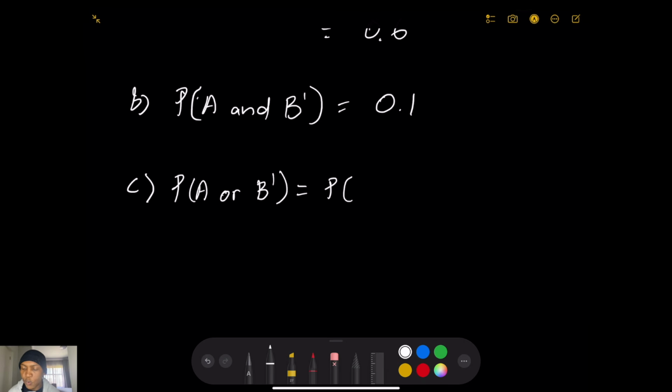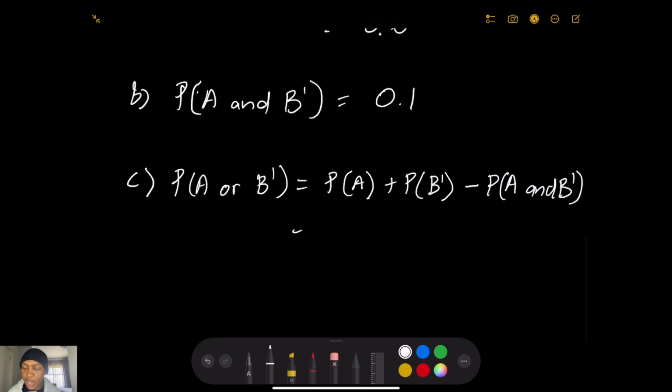Remember, we said when you've got or, you can say, well, this is the probability of A, plus the probability of not B, minus the probability of A and not B. Okay, so I'm using the formula first, but I'm going to show you how to do this logically.